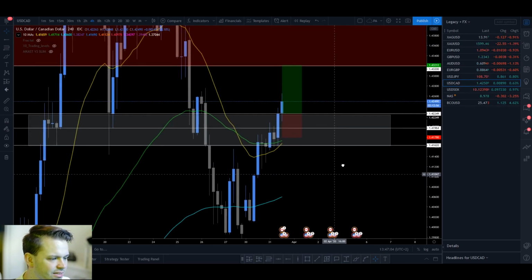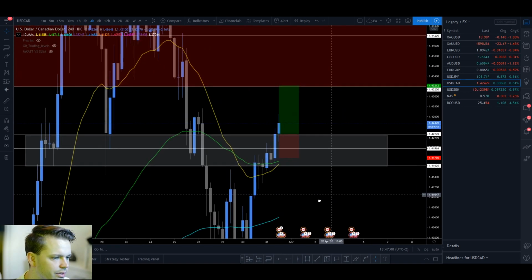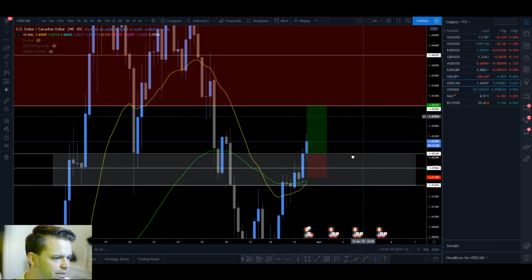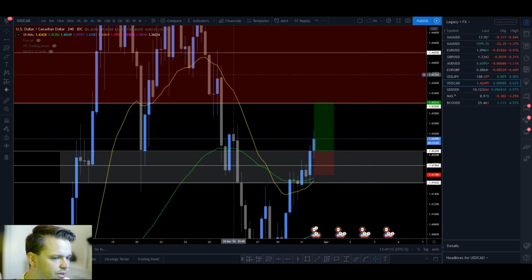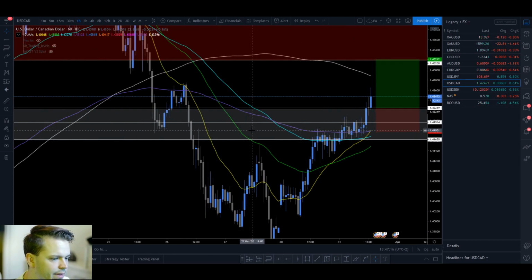But this is looking very interesting. I think we have a trend going here, and we are most likely going to test this high time frame resistance area. So you know what, I might actually enter this one. Yeah, so I like that one. Probably gonna enter that one.